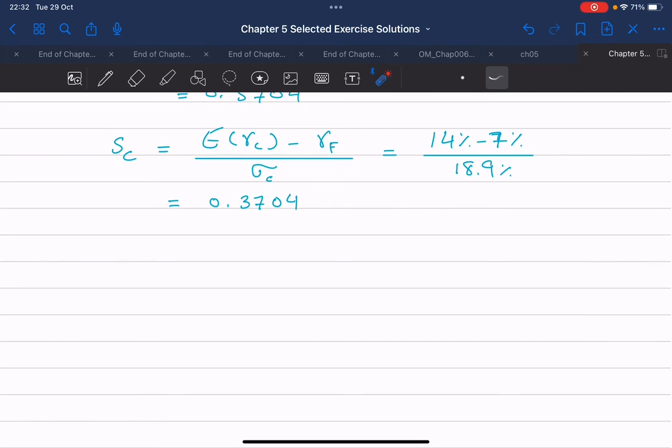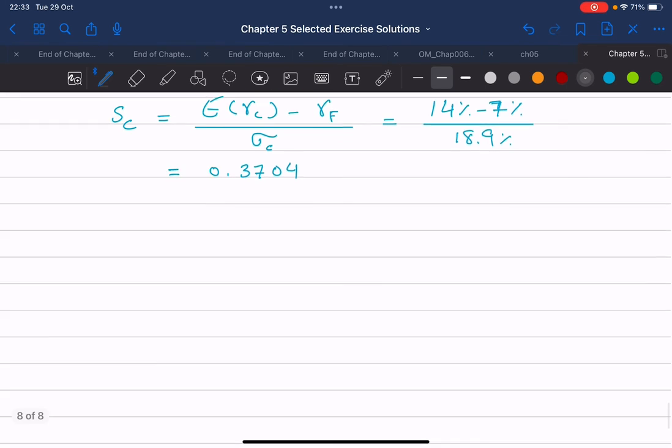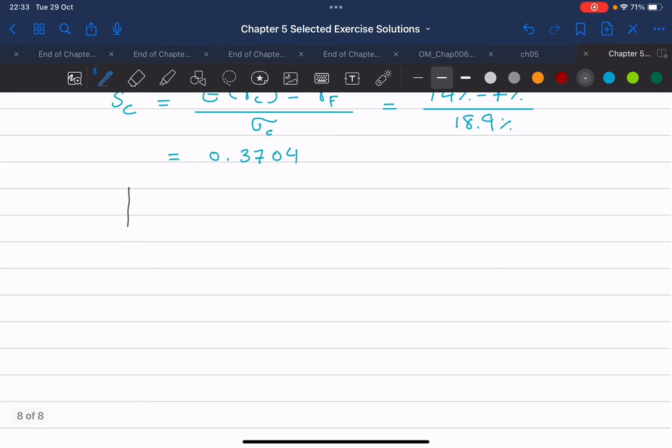It's highly unlikely that I ask you to draw a diagram in your exam, but it's worth knowing. So I'm going to draw my y-axis here and our x-axis here. On the y-axis we're going to have the expected return, and on the x-axis we're going to have standard deviation.